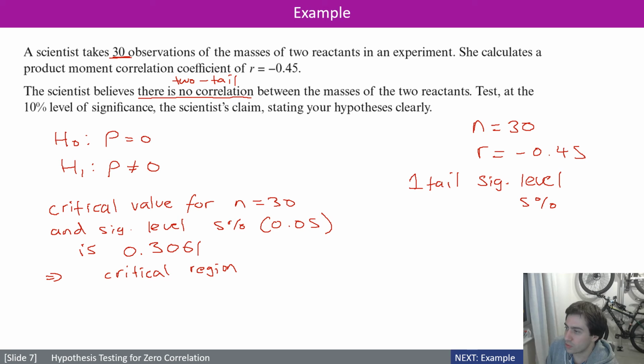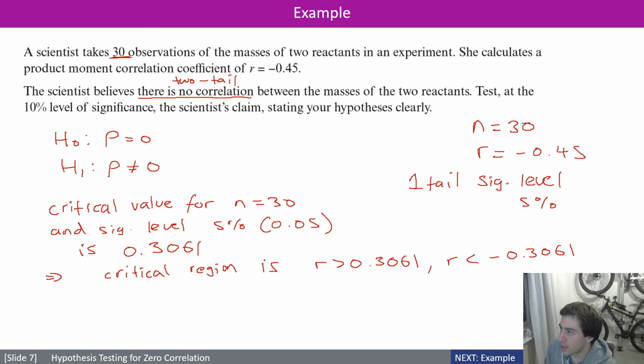So the critical region is if we get an r that's bigger than 0.3061, or an r that's less than the negative of that, and that's the other tail. Remember, correlation is always from -1 to 1, and the critical region is at the tail ends of that interval on the two tails. So that's our critical region.